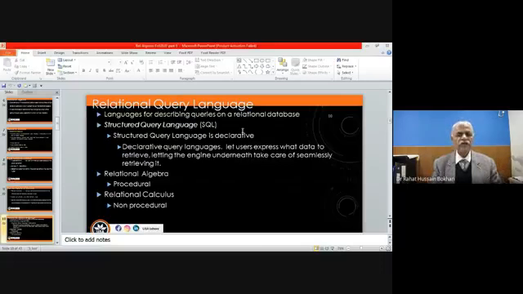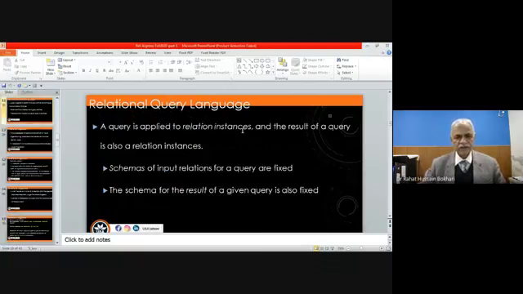Structured query languages are declarative, which means they are not procedural. Within the theoretical languages, we say relational algebra is procedural and relational calculus is non-procedural. A query is applied to relational instances, and the result of the query is also a relational instance.